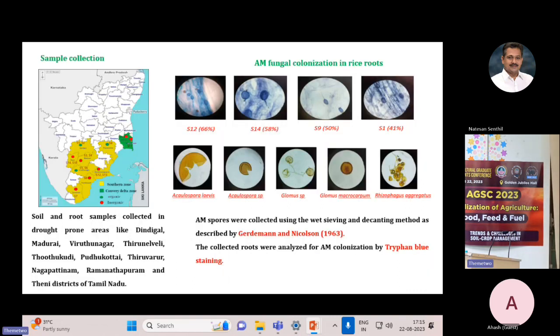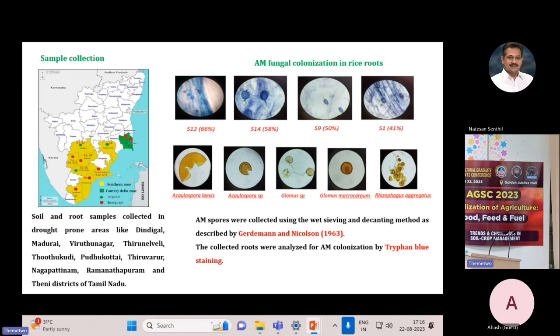For sample collection, we covered southern districts and the Kaveri Delta zone, about 10 districts: Dindigul, Madurai, Virudhunagar, Tirunelveli, Thoothukudi, Pudukkottai, Thiruvarur, Nagapattinam, Ramanathapuram, and Theni. From these districts, samples were collected as per cropping pattern and organic and inorganic fertilization.